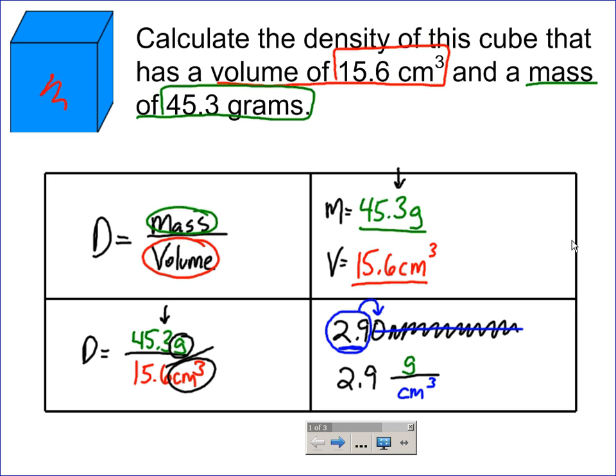They can be figured out by doing your substitution from your formula. So if you're ever given a density question that uses the volume measurement of milliliters instead of cubic centimeters, that would change the substitution down here, which would then change your unit over here. So you can either memorize the unit or actually figure it out by looking back in the substitution box.